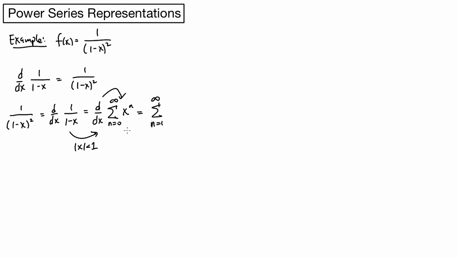It gets differentiated to 0. And then I take the derivative of what's inside the series, which is just x to the n. So this is n x to the n minus 1. So the point of all of this is I can obtain a new power series representation: the sum, n goes from 1 to infinity, of n x to the n minus 1 will represent this function.